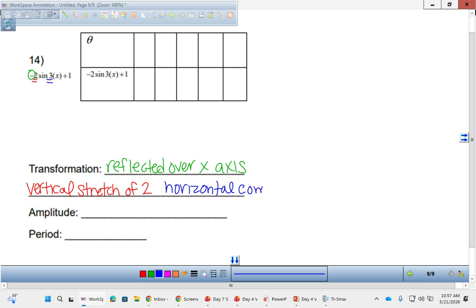compress. Like I said earlier, the x value ones do the opposite thing that you would think they do, okay? So a horizontal compress, and anytime you have a compress, you need a fraction. So I'm doing the reciprocal of 3. And I'm going to call it a horizontal compress of 1/3. And then the last thing is the +1.